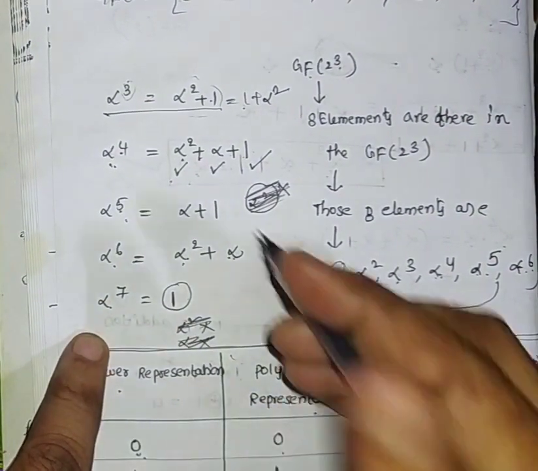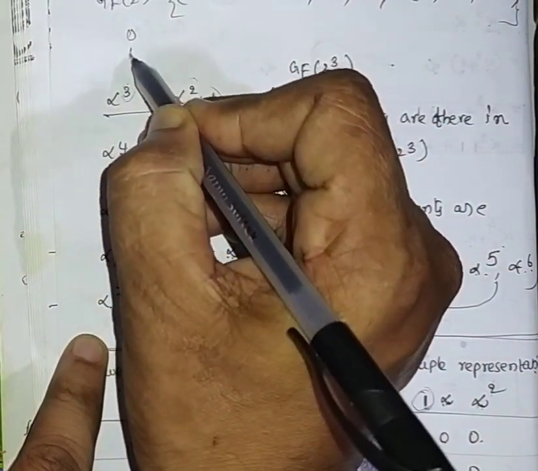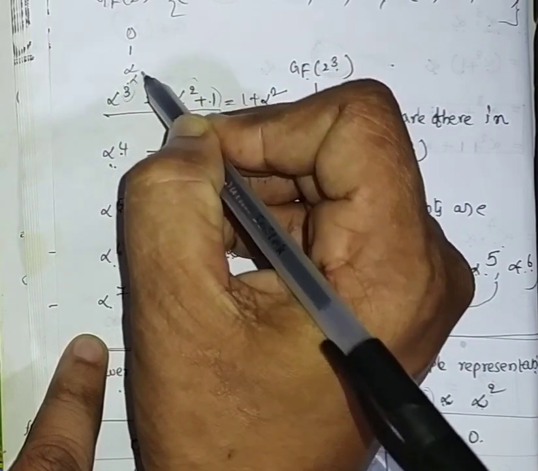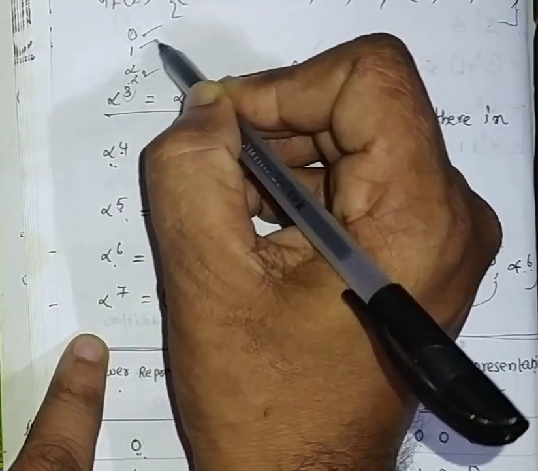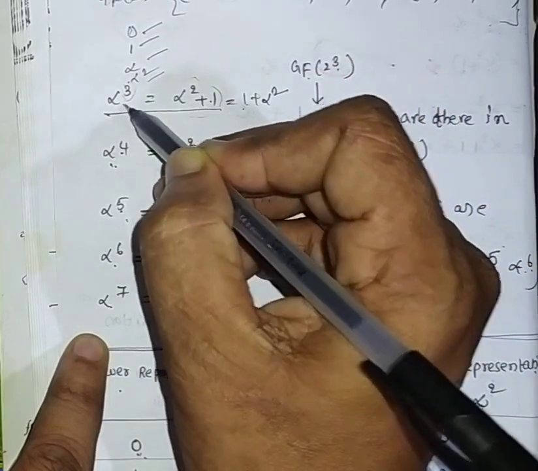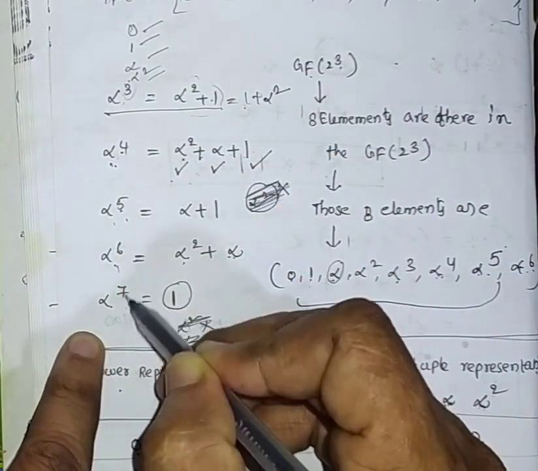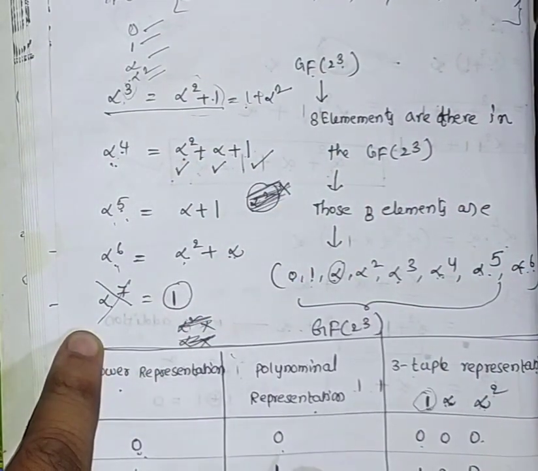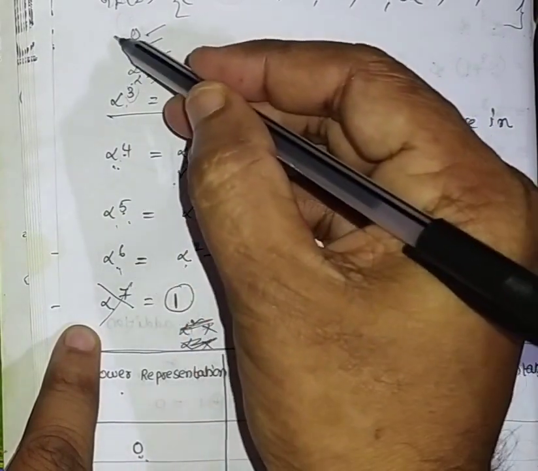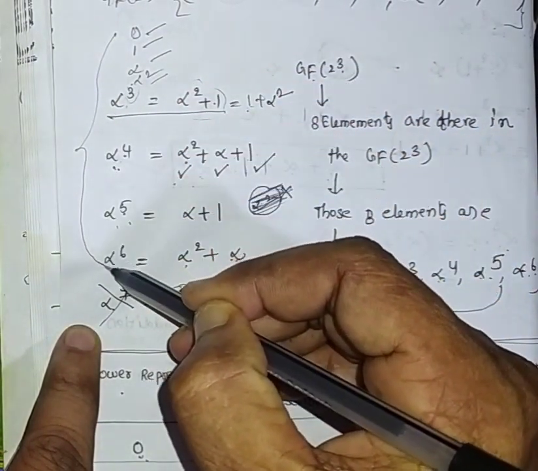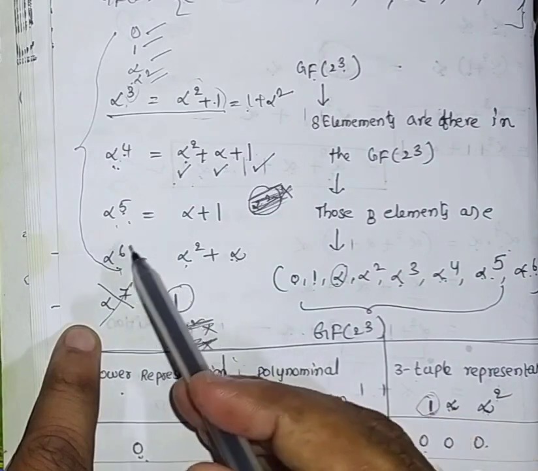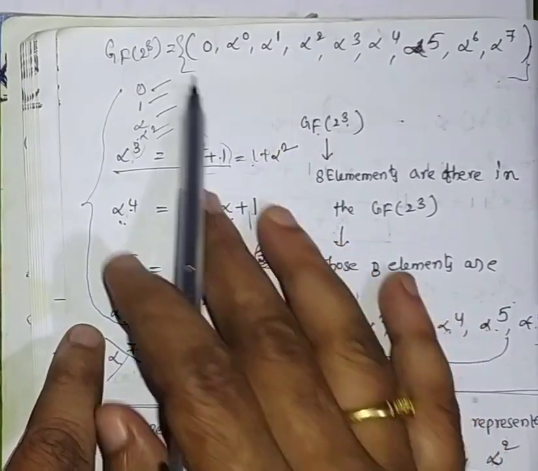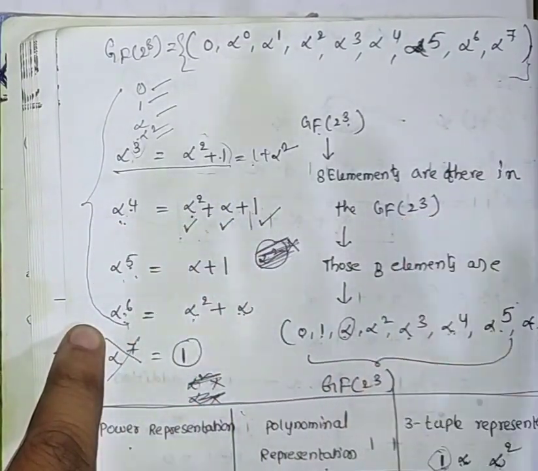As summarized here, I have summarized 0, 1, alpha, alpha square: first element, second element, third element, fourth element, fifth element, sixth element, seventh element, eighth element. This is not there. So these are the 8 elements of the Galois field 2 power 3.